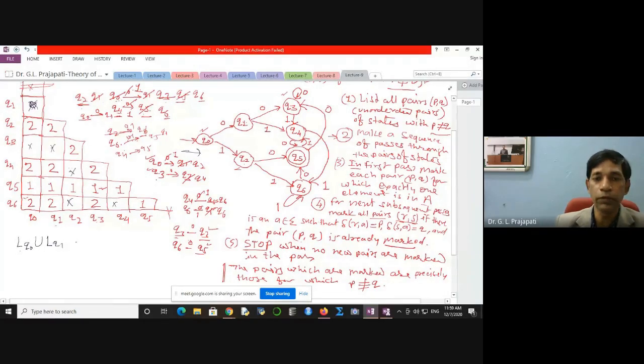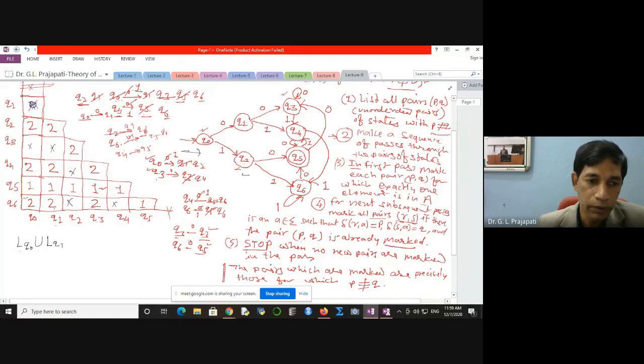Now you can go to Q2. You have to decide whether Q2 will go to this equivalence class or to a different one. Q2 will go to a different equivalence class if and only if Q2 is marked with Q0 and the pair Q1, Q2 is also marked.